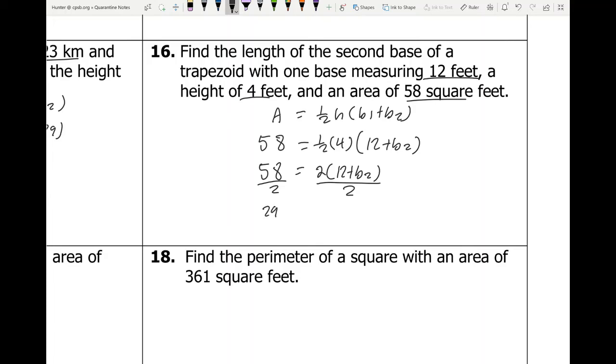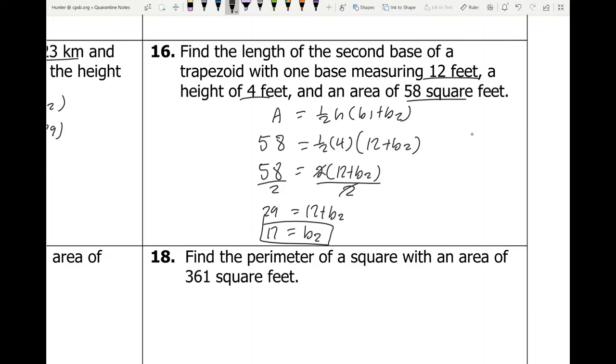So 29 is equal to, if I divide the 2's, they just cancel out, and I'm left with 12 plus B2. I would have to divide the 2 eventually, so why not just do it now? So I don't have to distribute. So now I just subtract 12 from both sides, and 29 minus 12 would give me 17. And that is our answer for B2.